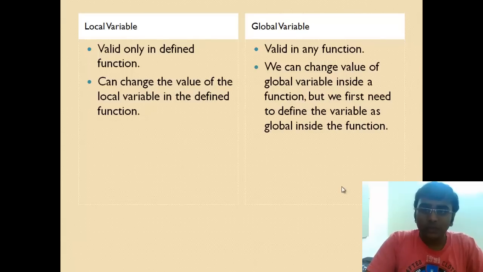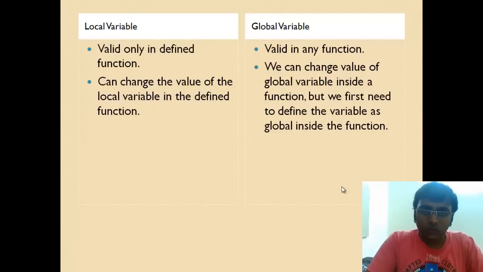Whereas a global variable can be used in any function and its value can be used throughout the code in any function.